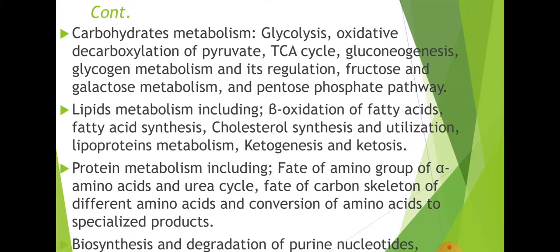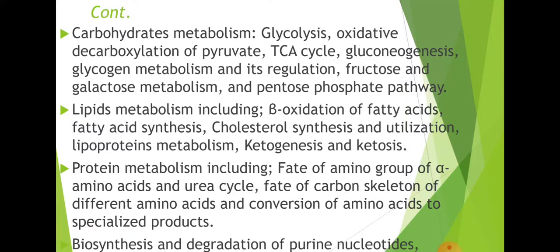For carbohydrate metabolism, we should follow this title. I can say this is a specific objective. You should know about glycolysis, oxidative decarboxylation of pyruvate, TCA cycle, gluconeogenesis, glycogen metabolism and breakdown, fructose and galactose metabolism, and the pentose phosphate pathway.